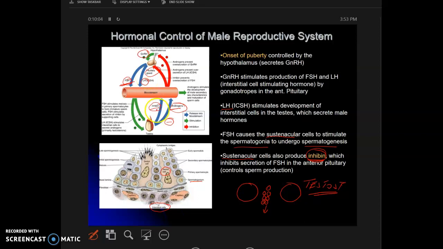So when you have low sperm production or low testosterone, the GnRH is going to stimulate the pituitary gland to produce more and more of FSH and LH. LH is going to stimulate the production of what? Testosterone. FSH is going to stimulate the production of sperms.